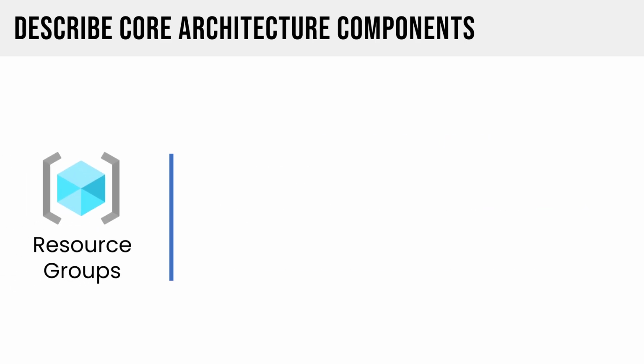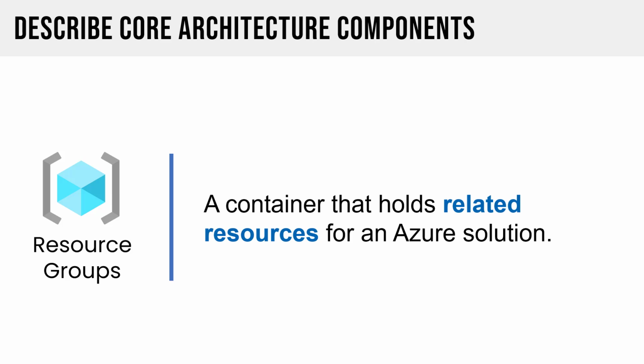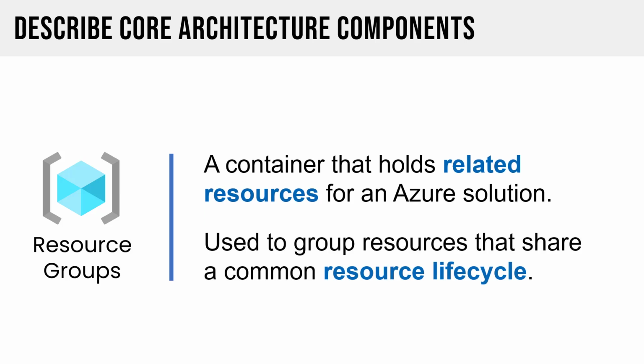Resource groups are containers that hold related resources for an Azure solution. You'll use a resource group to group resources that share a common resource lifecycle. Like when you deploy an Azure virtual machine, there are several logical components like a disk and a network adapter, maybe a public IP address.